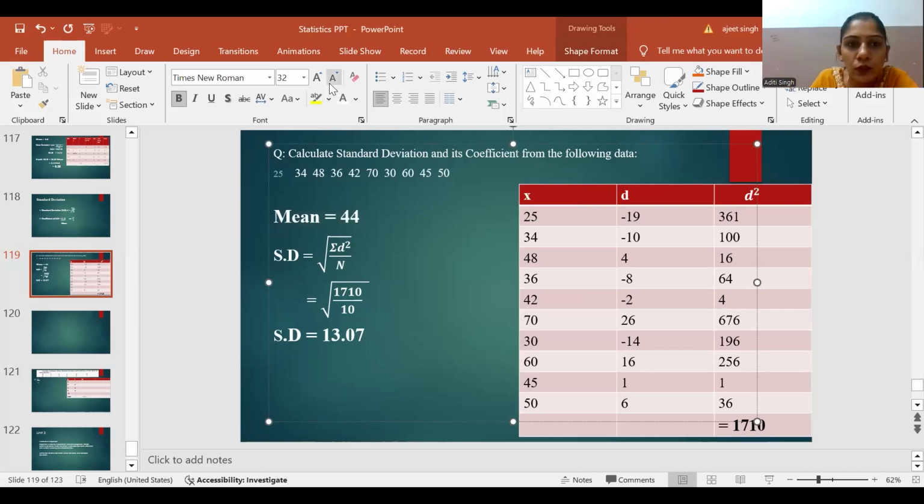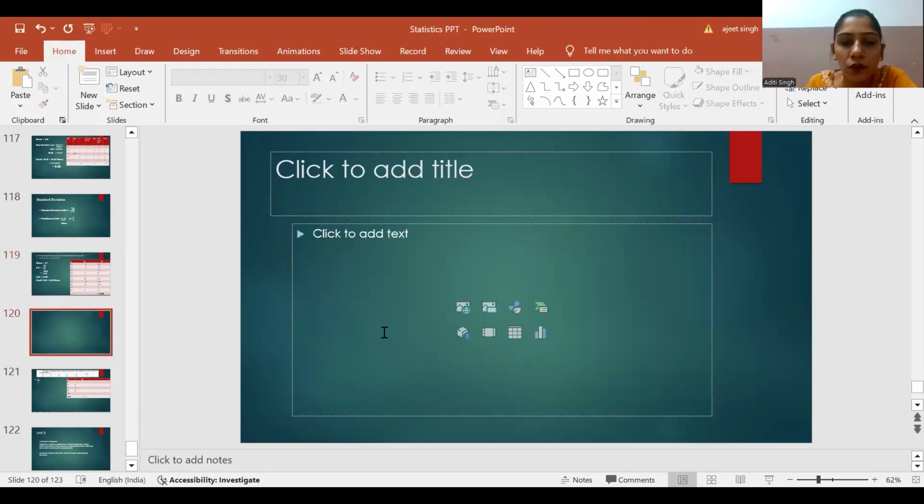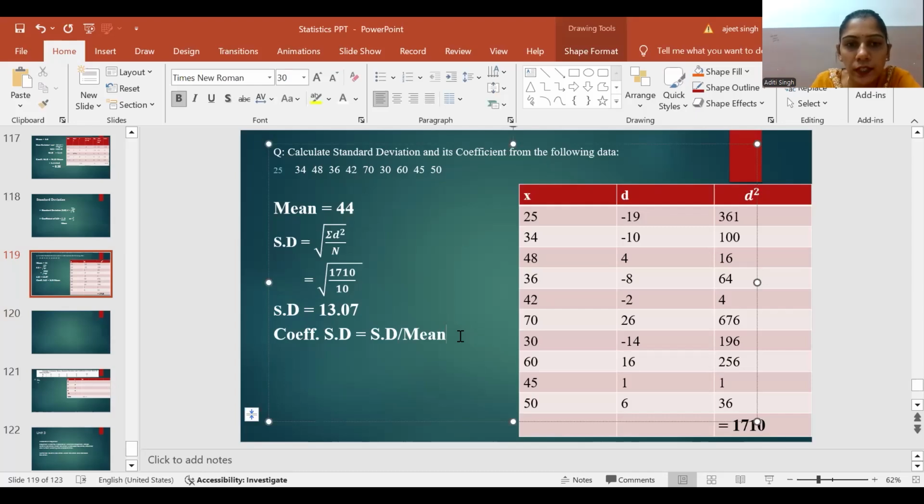Now we have to calculate coefficient of standard deviation. Coefficient of standard deviation is equal to standard deviation divided by mean. So this is the formula for calculating coefficient of standard deviation.